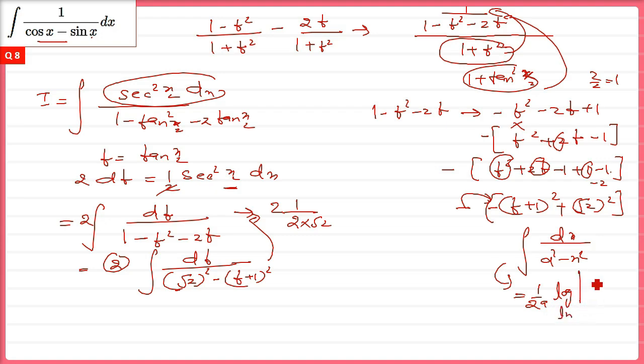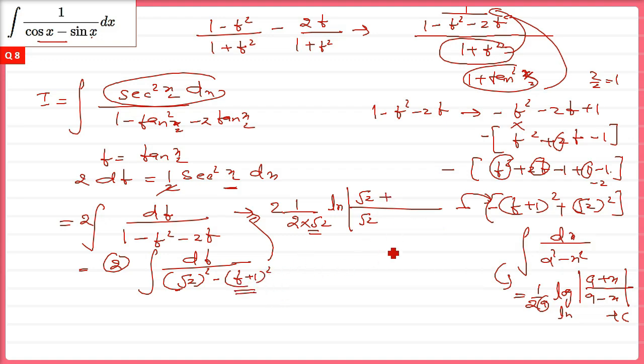Modulus of a plus x in the numerator and a minus x in the denominator, plus constant of integration. Please remember, this has to be kept in the modulus sign because it is inside the log. Now ln is log base e, a plus x. What is a here? It's root 2. I'm writing root 2 here, and the numerator has to be added, so plus.